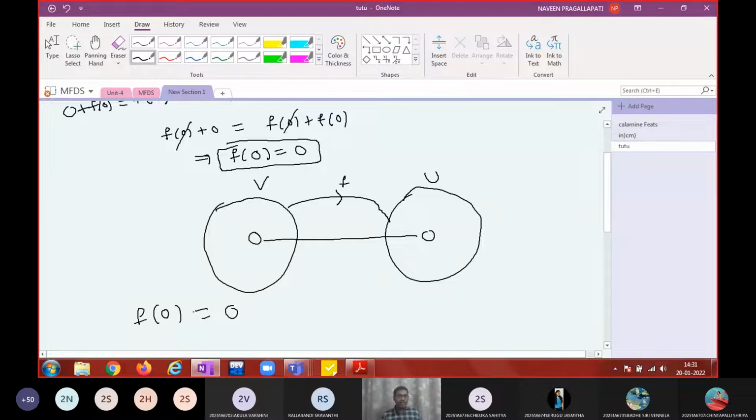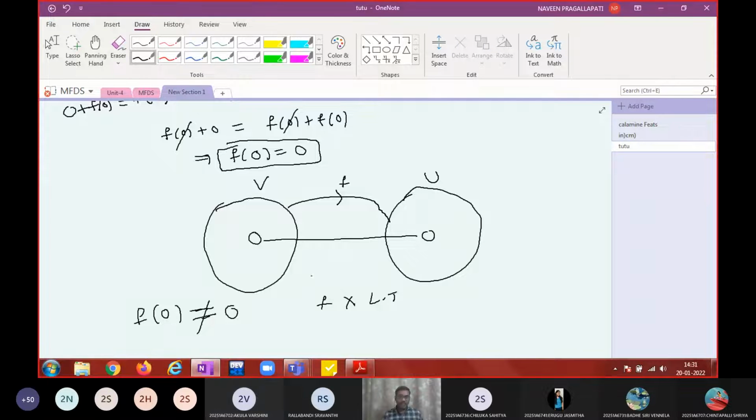The output must be 0. If you are not getting the output as 0, then f cannot be a linear transformation. Do you agree or not? So a linear transformation maps the 0 element of V to the 0 element of U. Do you agree?